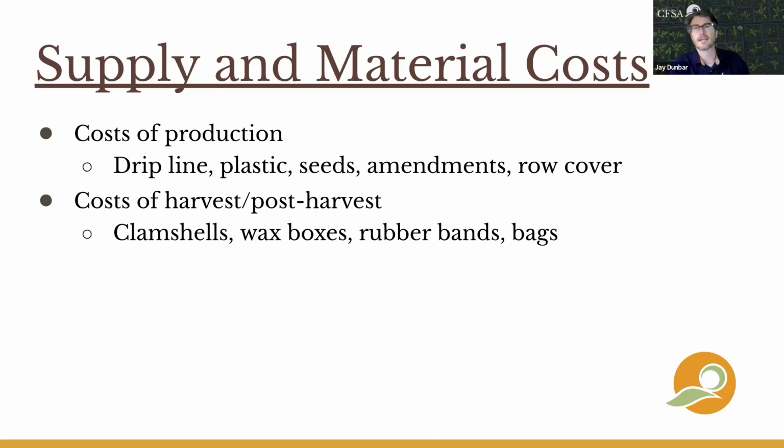I talked a little bit about labor, and again, the other big takeaway is that labor is your big expense, but with these other things, try to itemize them and think about how that breaks down, especially those post-harvest items. I think a lot about my experience prior to CFSA.